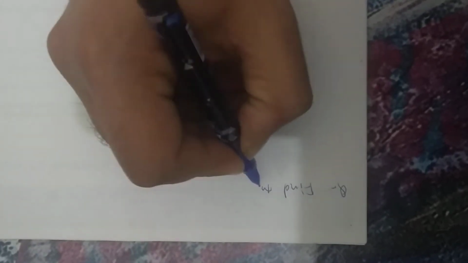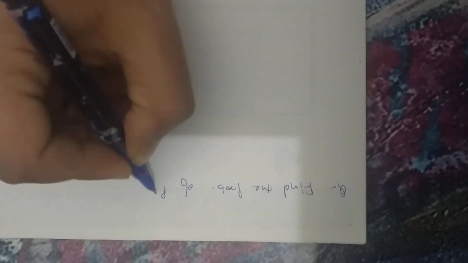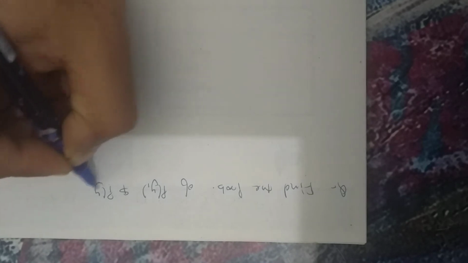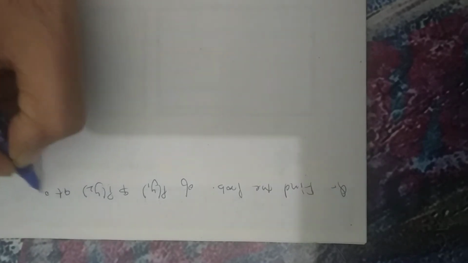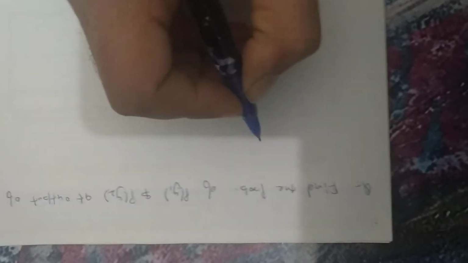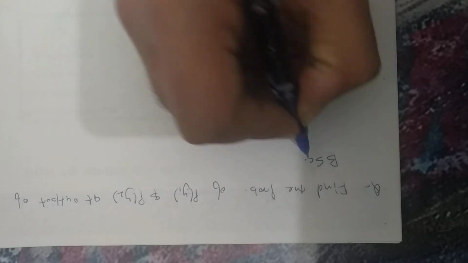There is a numerical: find the probability of getting y1 and y2 at the output of a BSC, that is, a binary symmetric channel.